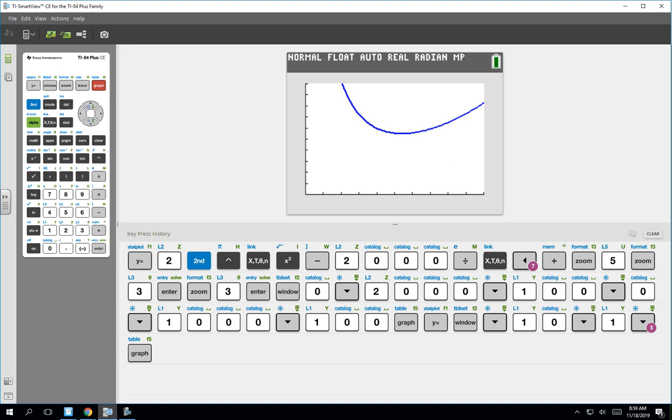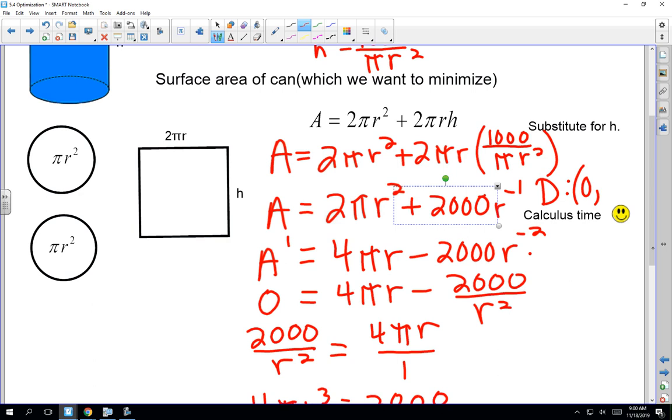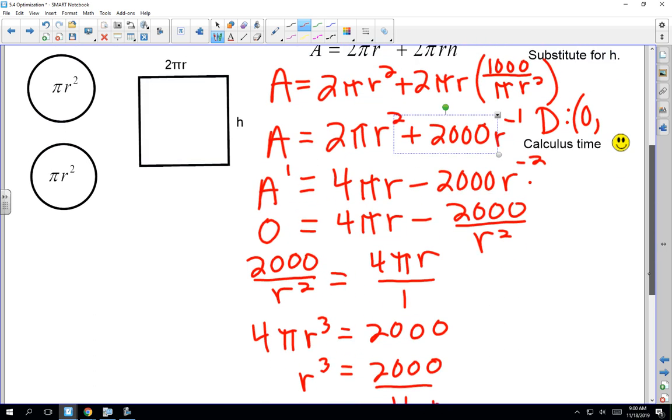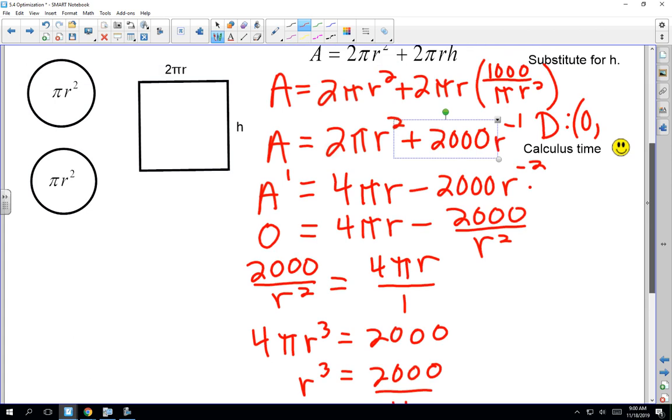So in terms of a domain, a reasonable domain, 0 to 10 seems to cover it. So let's go back over here, and we're going to do our first derivative test on this guy. We've got R equals 5.4. Go back to our first derivative.